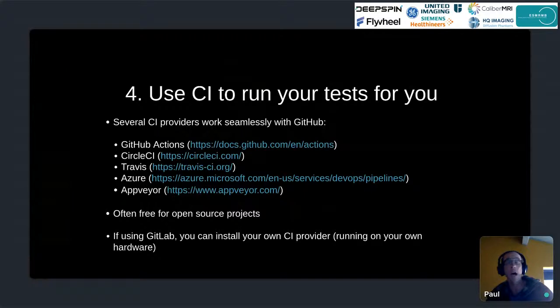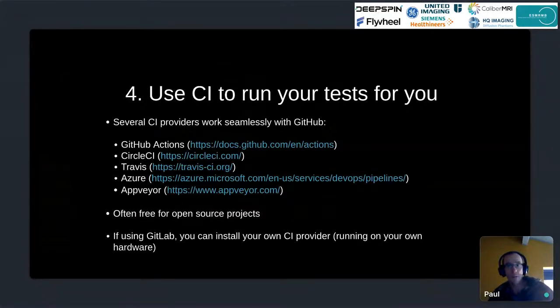For example, AppVeyor has much more comprehensive support for Windows. I can't really remember the other ones. Some of them, if you pay, you can actually run your tests on hardware, for example particular GPUs, that sort of thing.